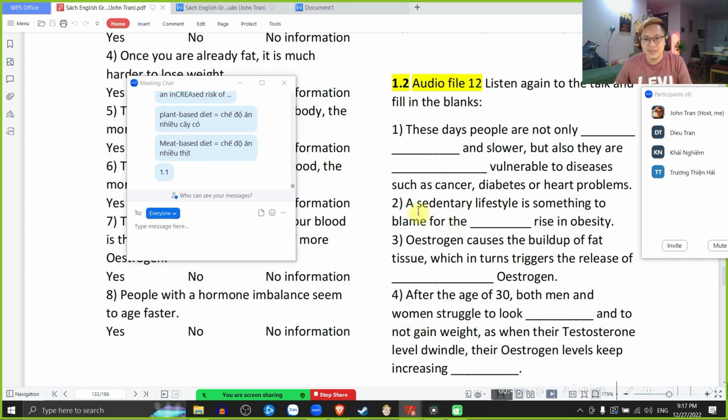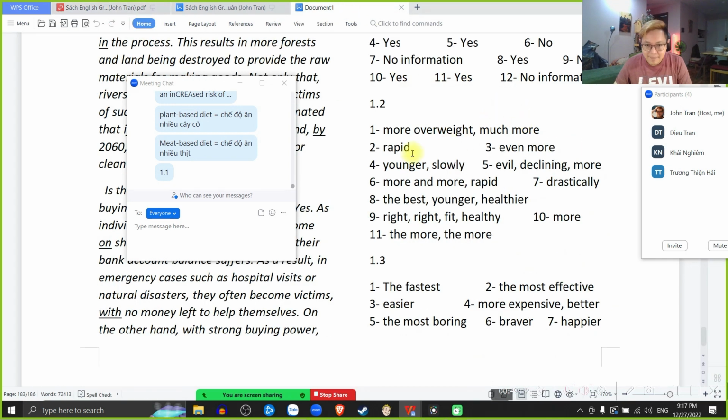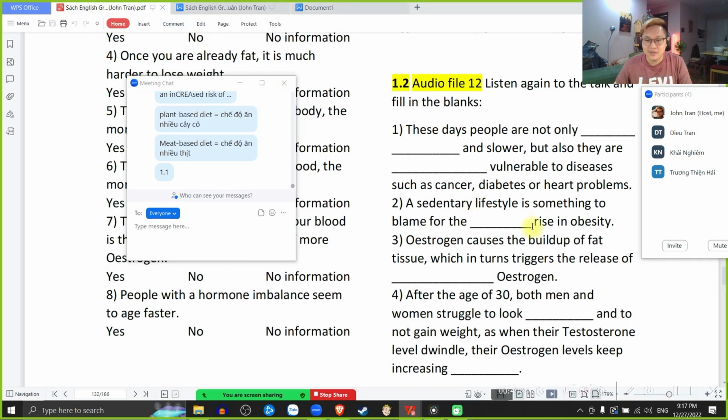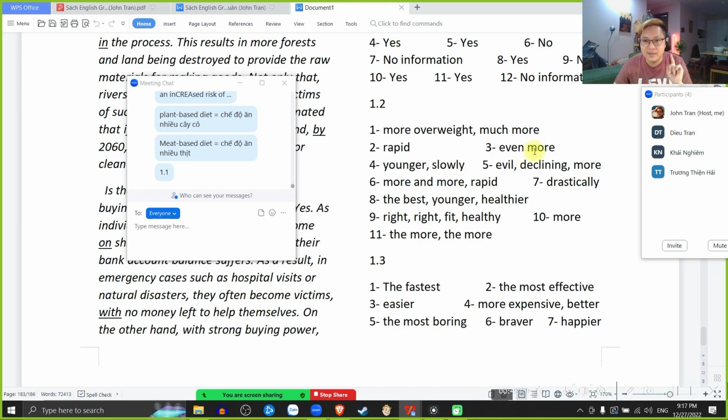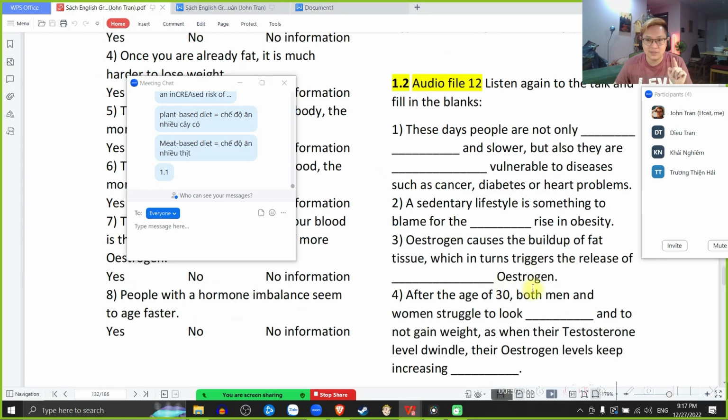Number 2, a sedentary lifestyle is something to blame for the rapid rise in obesity. Number 3, estrogens causes the buildup of fat tissues, which in turn trigger the release of even more estrogen, còn nhiều estrogen hơn nữa, even more estrogen.